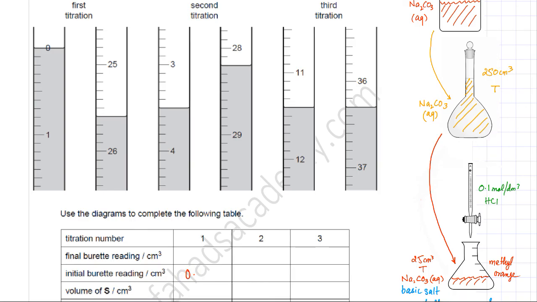There's a table given over here as well, and we need to fill that table. The final burette reading is 25.60 cm cube. Now the amount of HCl that's being added to the flask is going to be the difference between the two values.